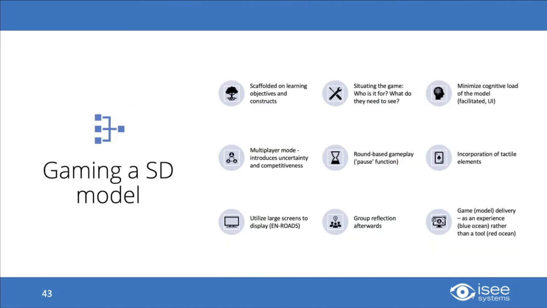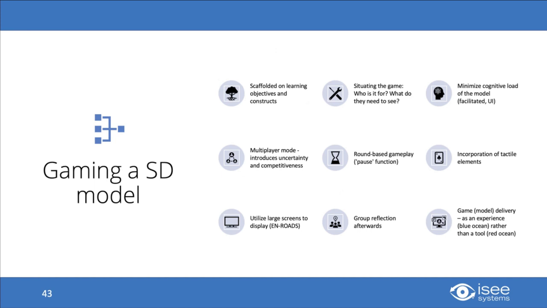Just to start to wind it up now, some key points, which I've already mentioned a lot of: scaffolding on linear. If you were to build a gaming SD model using my approach, and there are different approaches, it's not saying there is just one way, but there are important questions to ask, like, who is it for? What do they need to see?